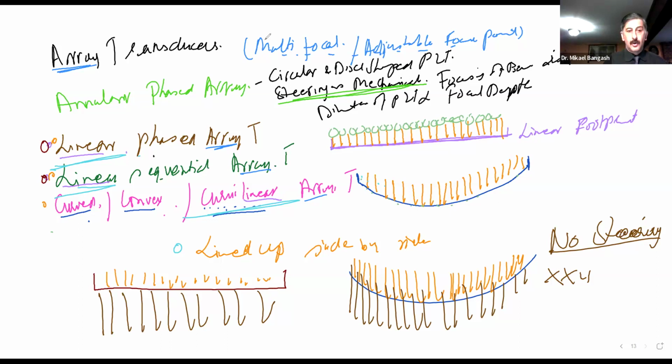Okay. So guys, what all these transducers here are going to have, all of them, even the one which is not mentioned here, but that's mainly because it's not actually a linear, it should be a vector array.